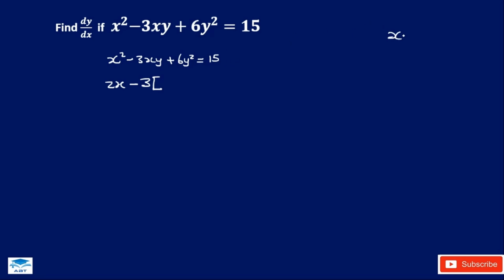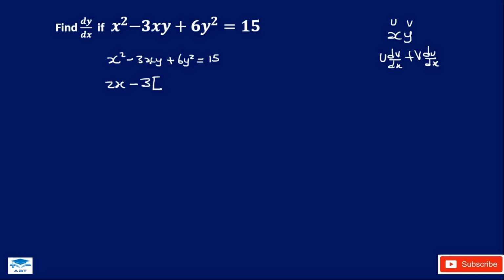That is xy, let u represent x and v represent y. By the product rule, u dv dx plus v du dx. That is, you maintain u, differentiate v, plus you maintain the v and differentiate u.